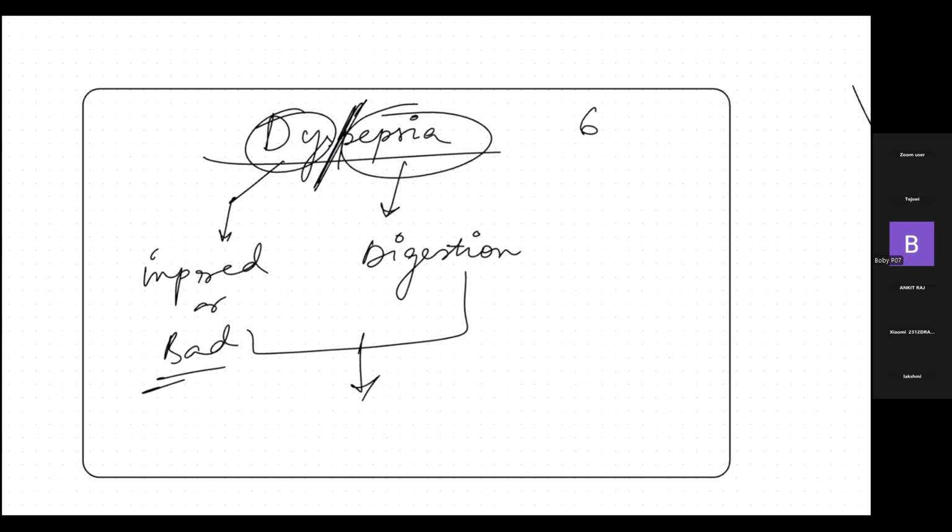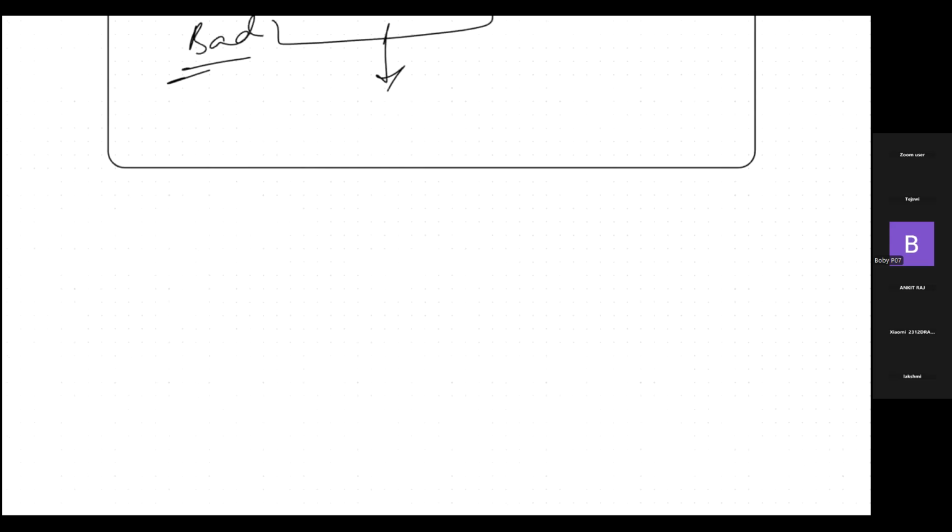So dyspepsia is nothing but when the digestion is hampered and it causes discomfort, pain, early satiety, postprandial fullness, bloating, nausea, and belching. I hope the term dyspepsia is clear.